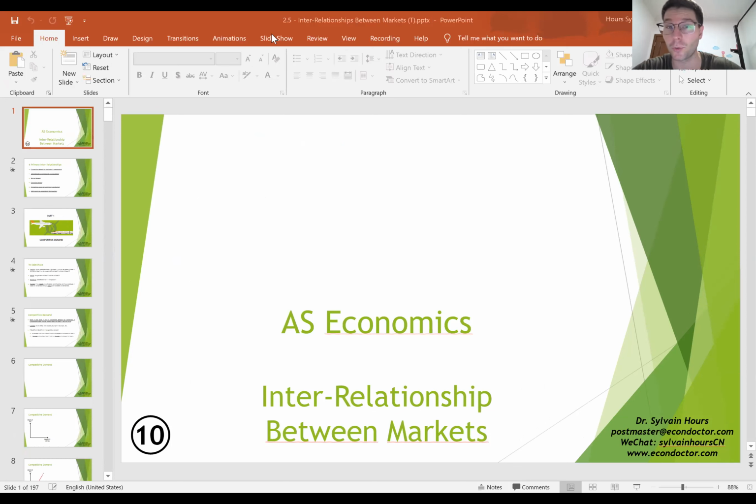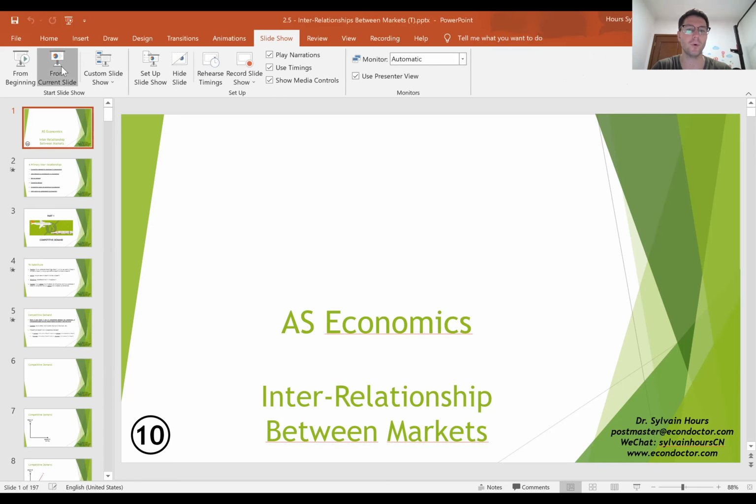The only two new concepts that we will introduce are derived demand and composite demand. I don't really know how to pronounce this properly. These two concepts are new. We have not introduced them before.